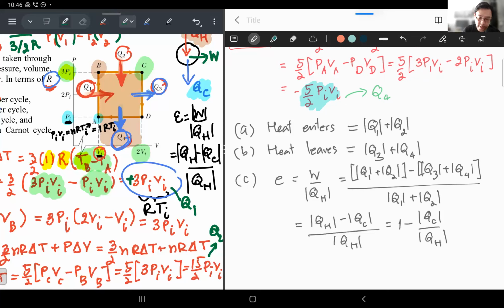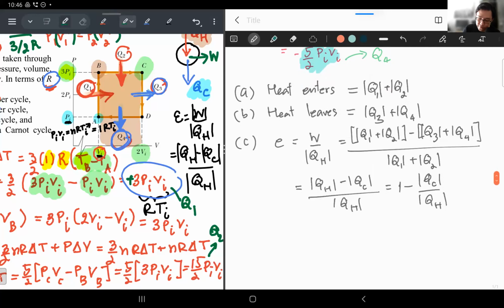Anything is good, because now you know the directions of the heat flow. So your final efficiency will look like 1 minus Q cold, which is Q3 plus Q4, divided by Q hot, the one that's entering the system, which is Q1 plus Q2. All right, and that's it.